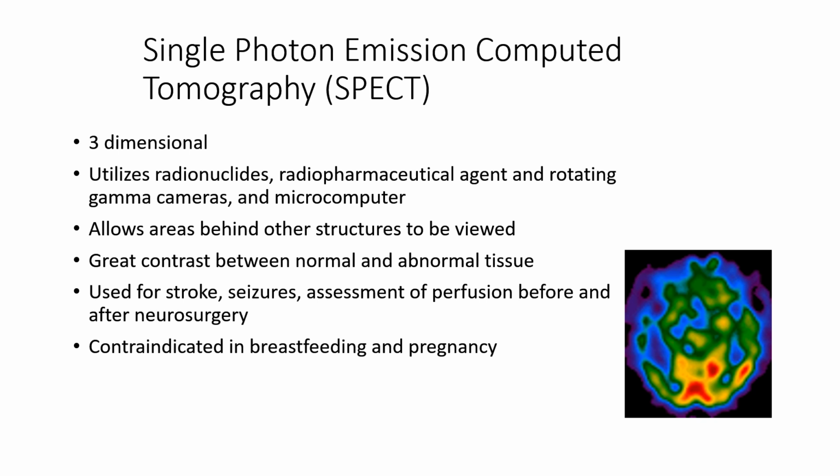There is a great contrast between normal and abnormal tissue, which you can see in this picture. It is used for processes such as stroke, seizures, and assessment of perfusion before and after neurosurgery. Now, it is contraindicated in breastfeeding and pregnancy.